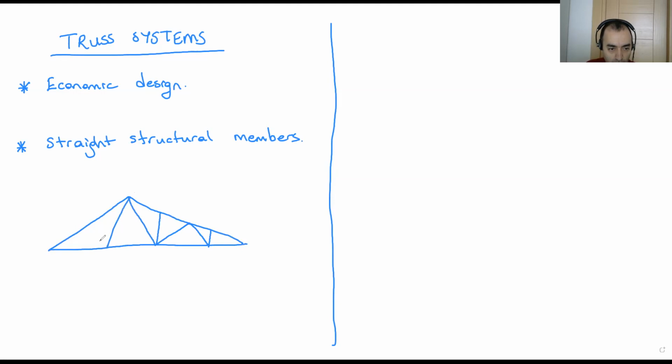I couldn't draw a symmetrical system. I'm sorry. Okay, this is a truss system. All these members are straight members. This is the top chord, how we call these members. This is top chord, üst başlık. This is bottom chord.